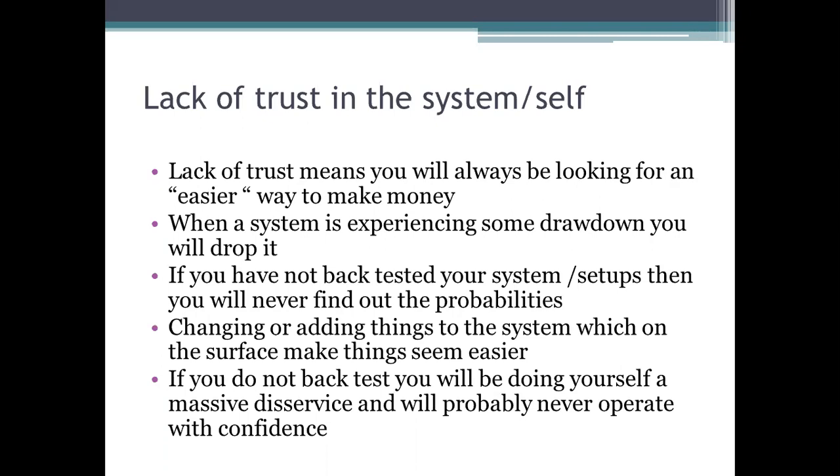That doesn't diminish your confidence and you don't start looking for something else, or chopping and changing, because on the fourth trade, probability says that's supposed to be a win. And then you might run into a winning streak as well, where the next trades that you take will be the ones that make money. Simple as that. Okay. Now, changing and adding things to the system which on the surface makes things seem easier.